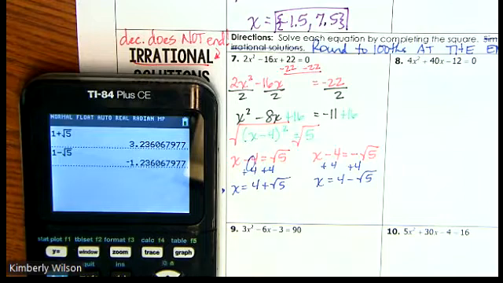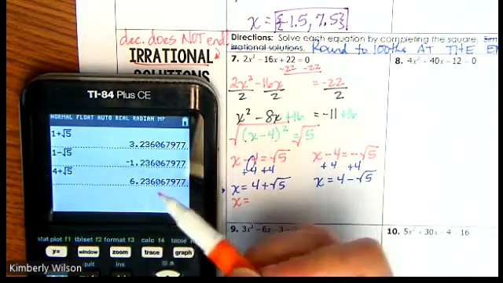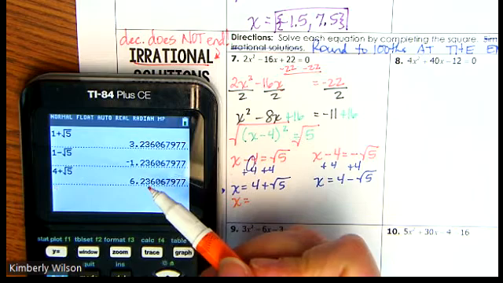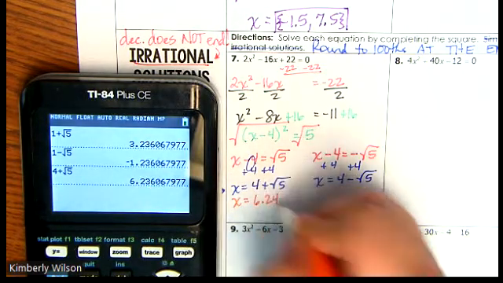And I'm going to just do 4 plus second square root 5, enter. And we have that x equals, we're rounding to the hundredths, so I'm looking at the 6 to see that I keep the 3 the same. So this is going to be 6.24.